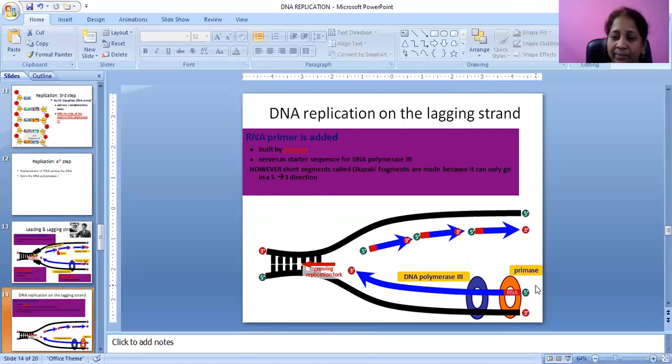Here we can observe RNA primase with the DNA polymerase always going in the 5 prime to 3 prime direction. So these are Okazaki fragments.